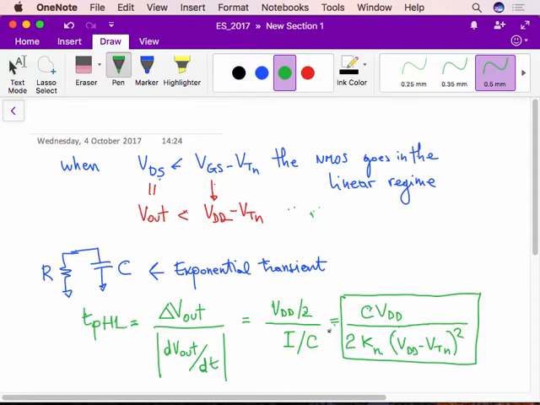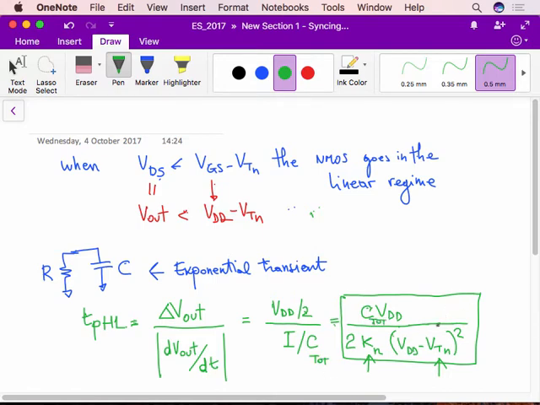So if we do the calculation again for the propagation delay from low to high, you can imagine that we obtain a relationship which is more or less identical to this one, with the main difference that instead of having here the quantities of the NMOS, we have the quantities of the PMOS. But essentially the behavior is exactly the same. By the way, I have called this capacitance C tot. Let me use C tot again.